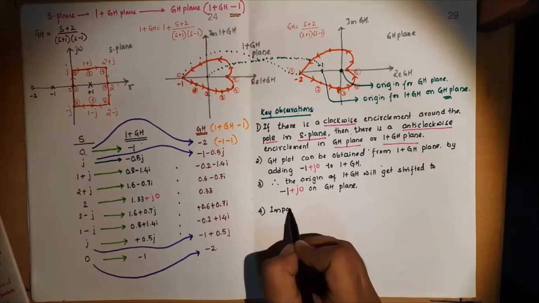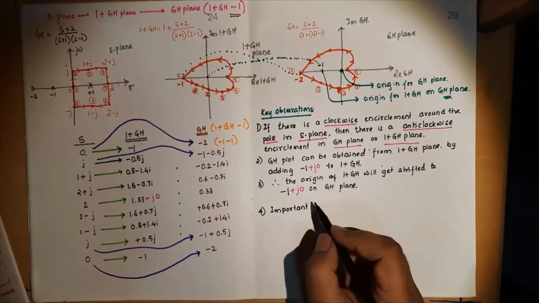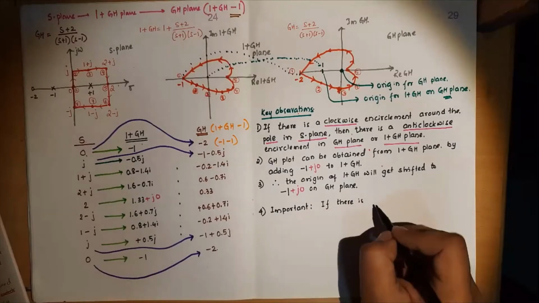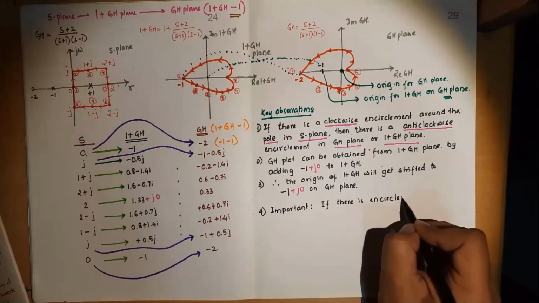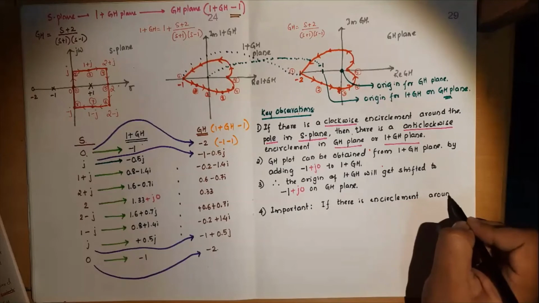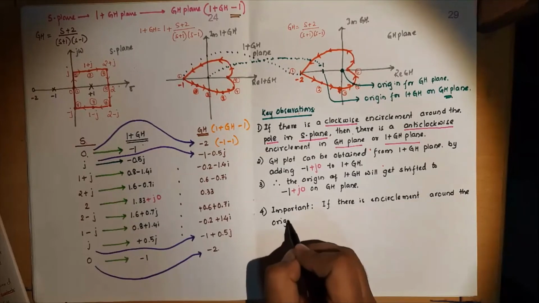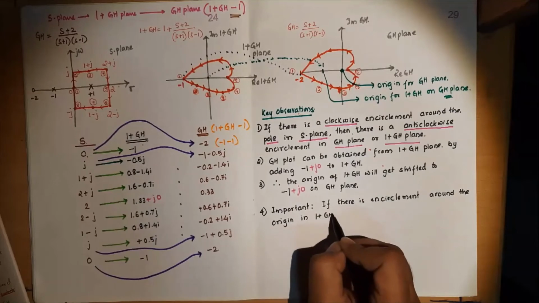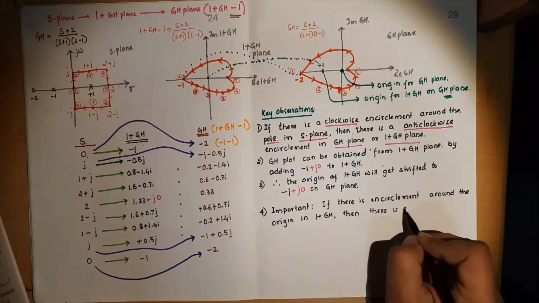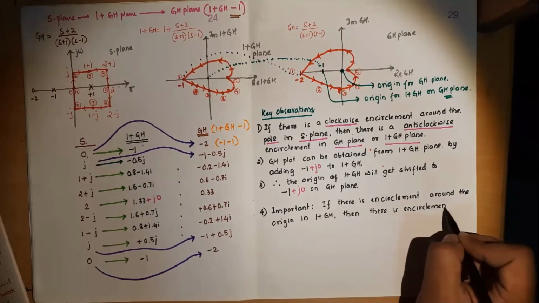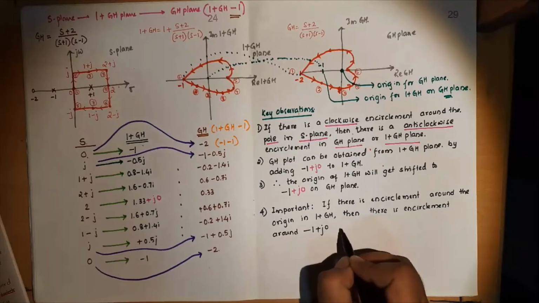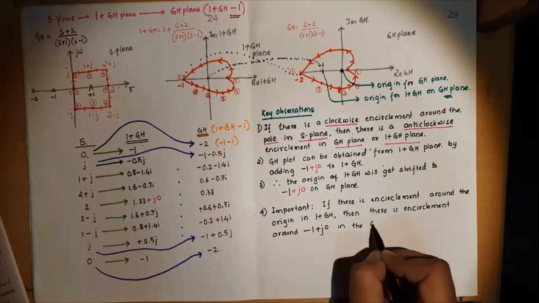And the last one, which is an important one, is that if there is encirclement around the origin in 1 plus GH, then there is encirclement around minus 1 plus j0 in the GH plane.